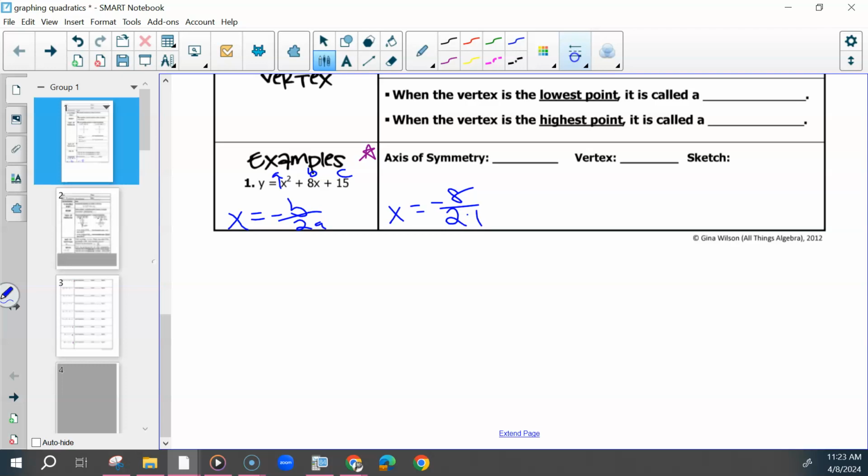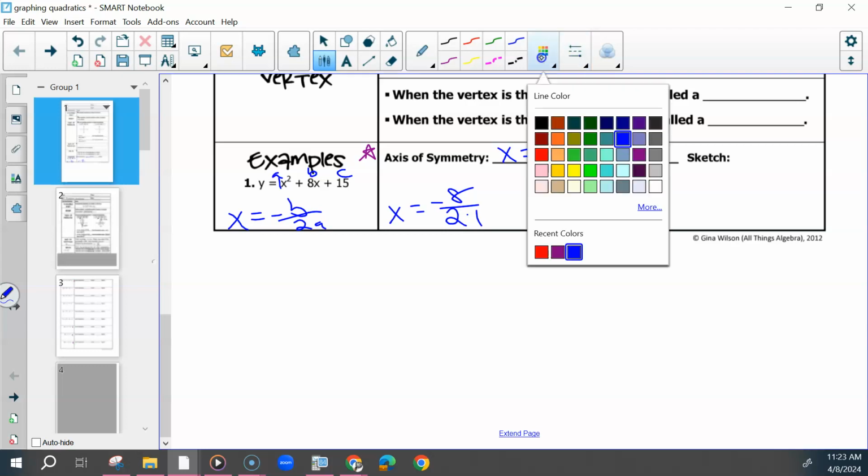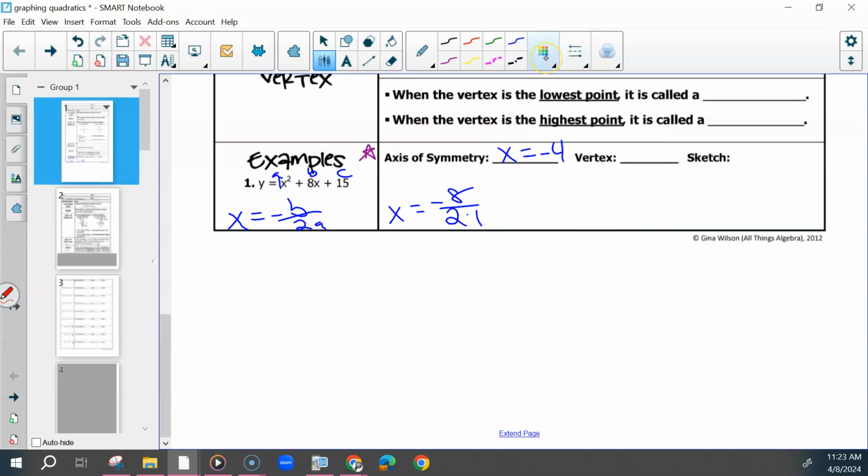And if we simplify that, what would that give us? x equals negative 4. So make sure you have the x equals. That is part of it. That shows it's a vertical line. Then to find the vertex, we're going to put this x value into our equation where all of the x's are. Make sure you're using parentheses.